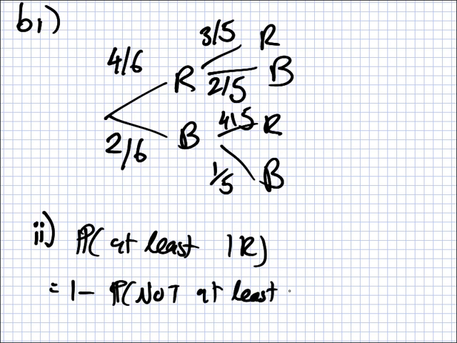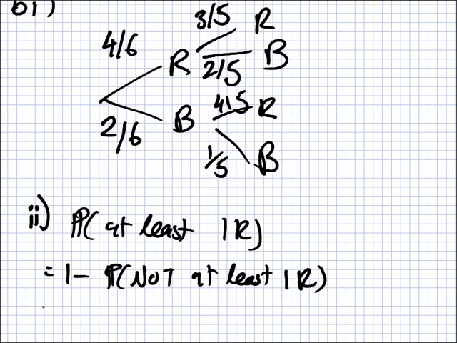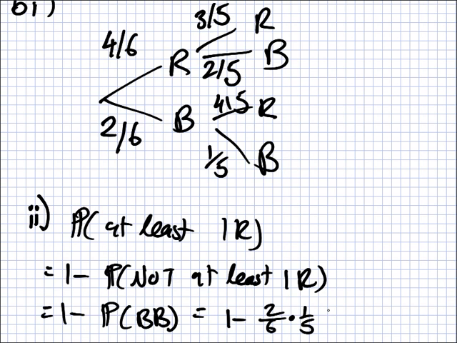Now what's the meaning of not at least 1 red? What's another way of saying that? Yeah, 1 minus the probability of double blue. Which is 1 minus 2/6 times 1/5, which is 28/30ths or 14 over 15.